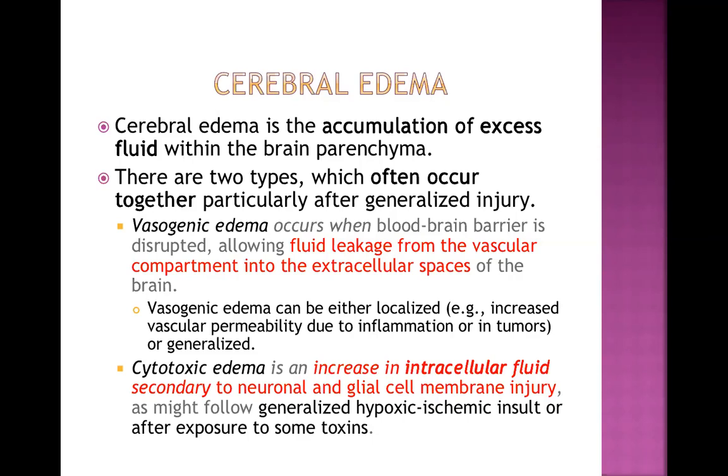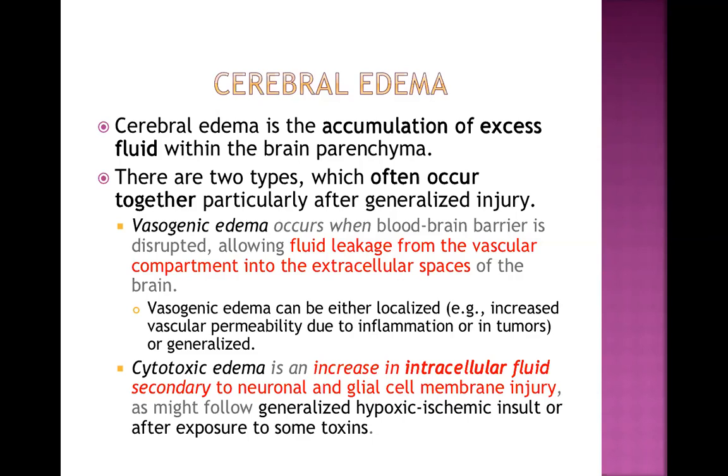Vasogenic edema occurs when the blood-brain barrier is disrupted, allowing capillary leakage into the extracellular space. So when the blood-brain barrier is disrupted, this will allow fluid leakage from the vascular compartment, that is from the capillaries, into the extracellular space, which results in edema.